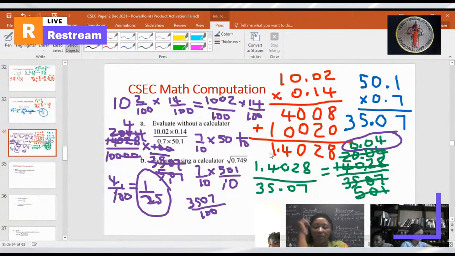What's the closest square number to that? What are the closest perfect square numbers you know to 749? So we know 20 squared is 400 and 30 squared is 900, right?